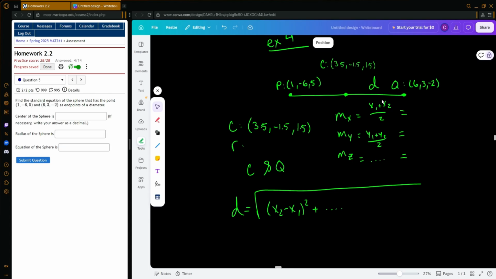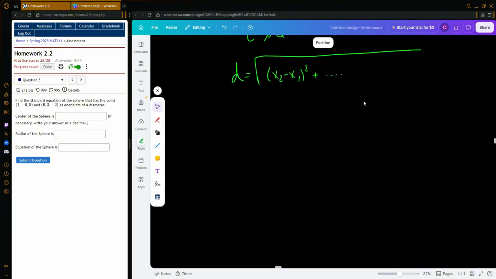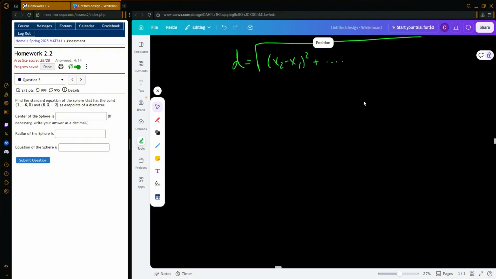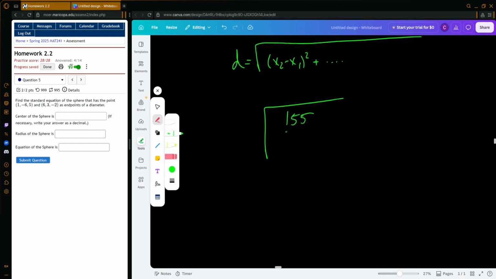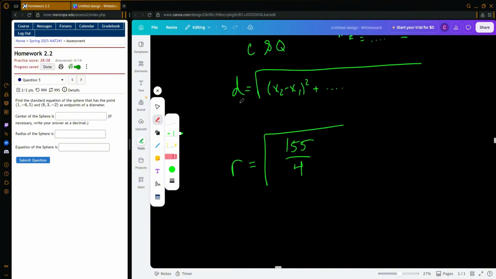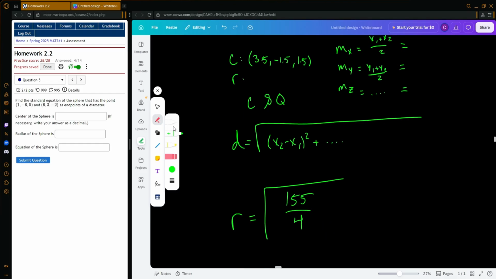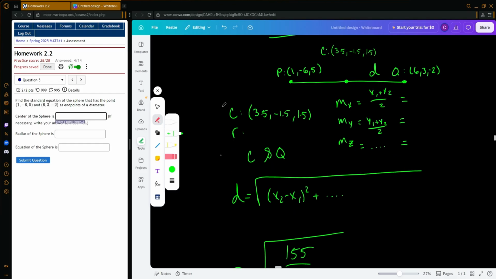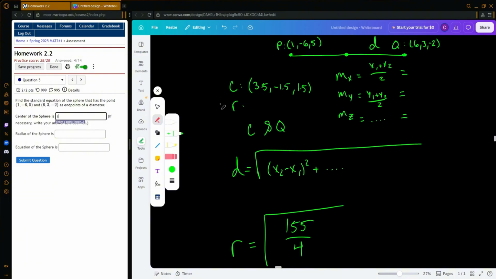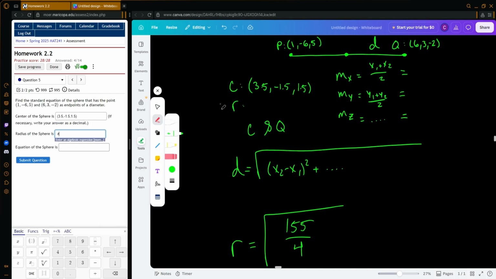We'll take the square root of all that, so it's the square root of 155 over 4, which is equal to the radius. Okay, so we'll start entering this in. 3.5, negative 1.5, radius.